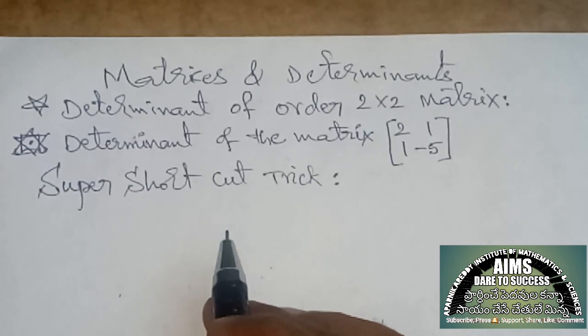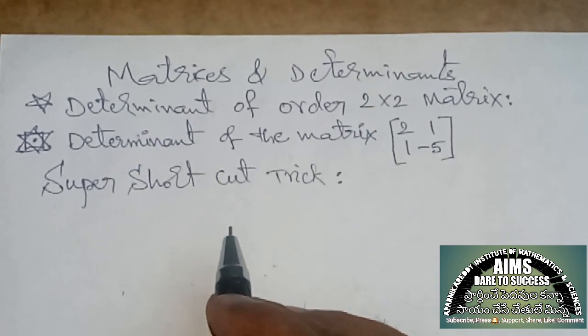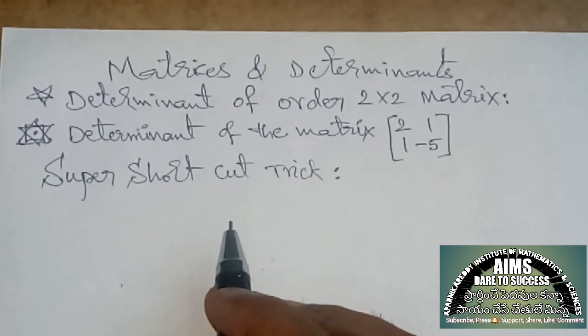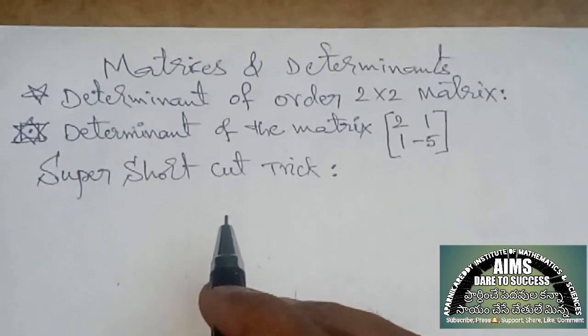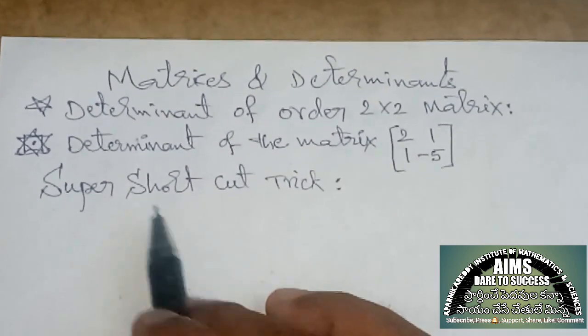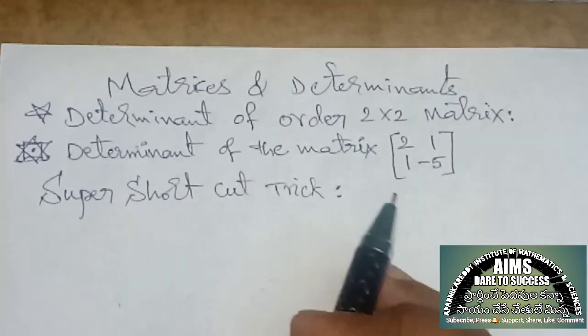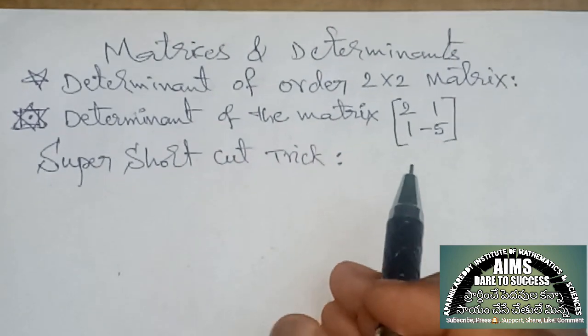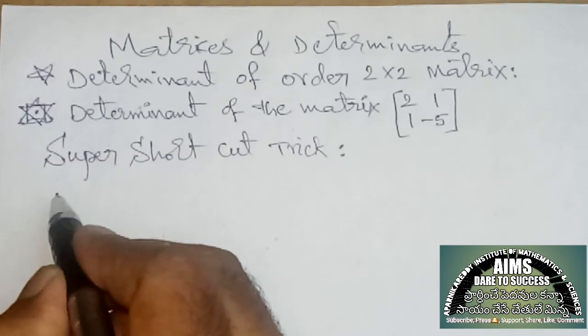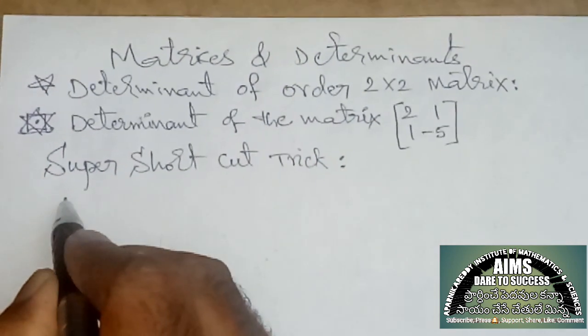This method will help you in all types of competitive exams from the matrices chapter. So today I wanted to start a super shortcut trick to get the determinant of a matrix of order 2 by 2.